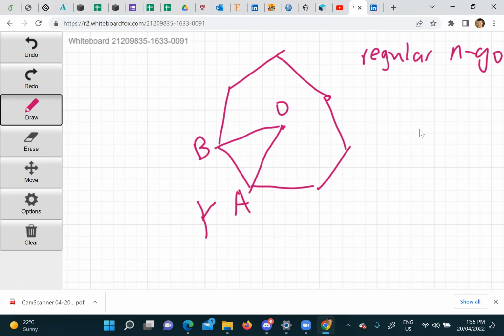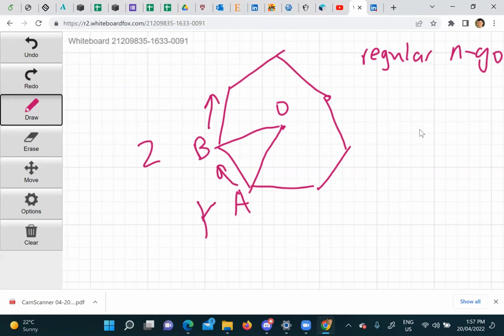Okay, so we have a point Y and a point Z, and these points Y and Z move along the n-gon.